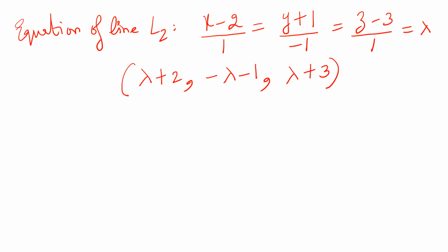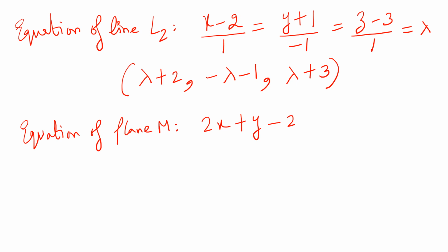Now students, it is given that the line L2 is intersecting a plane M at the point Q, and the equation of plane M is given as 2x plus y minus 2z equal to 6.